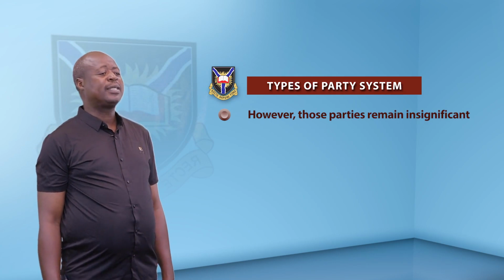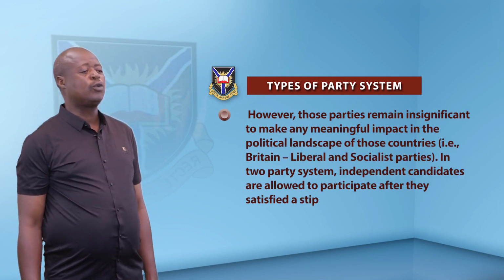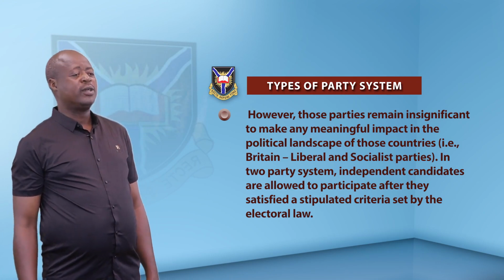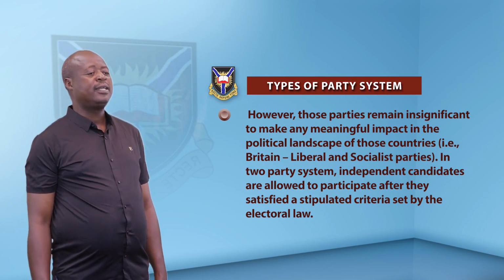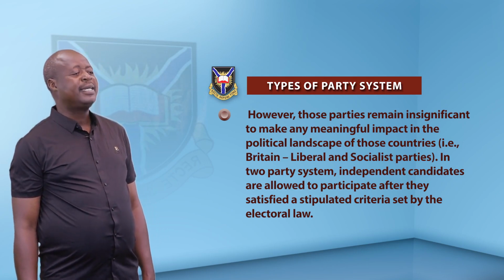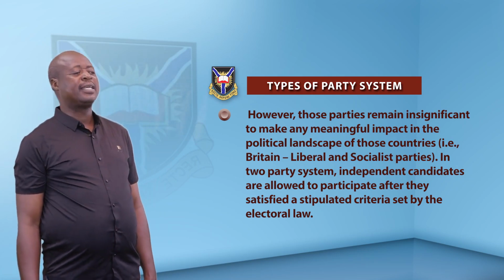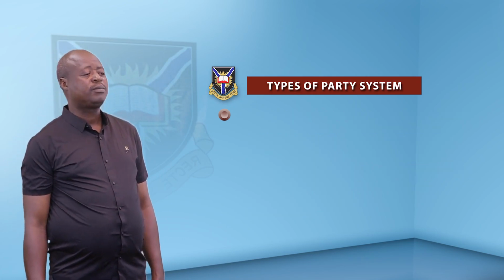However, those parties remain insignificant to make any meaningful impact in the political landscape of those countries. For instance, in Britain, we have liberal and socialist parties. In two-party system, independent candidates are allowed to participate after they satisfy a stipulated criteria set by the electoral law.